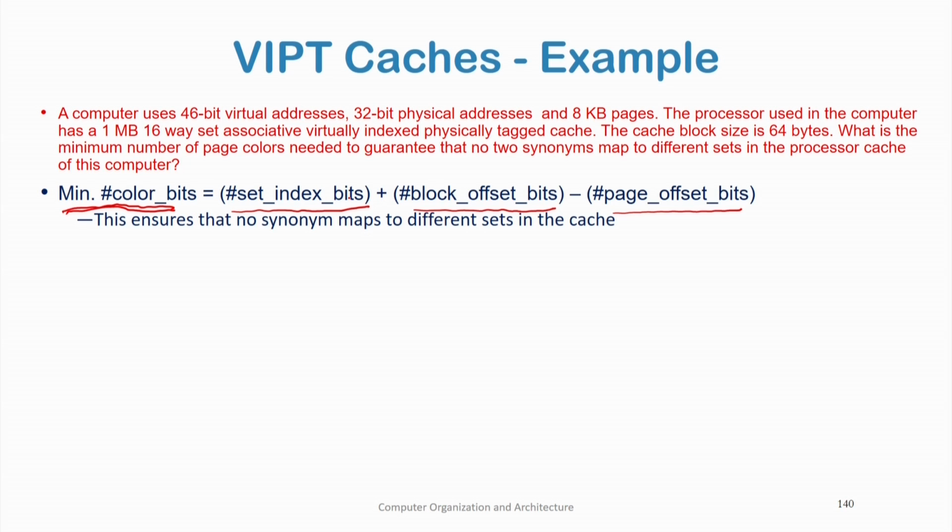Block offset bits are what? The number of bits to address a byte within a block, and these together when added have to be subtracted from the page offset bits, because page offset bits tell me this part which is not varying. The page offset bits are constant, the same for the virtual address and the physical address. So, that does not vary.